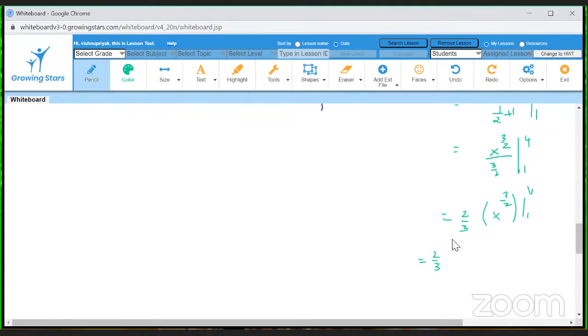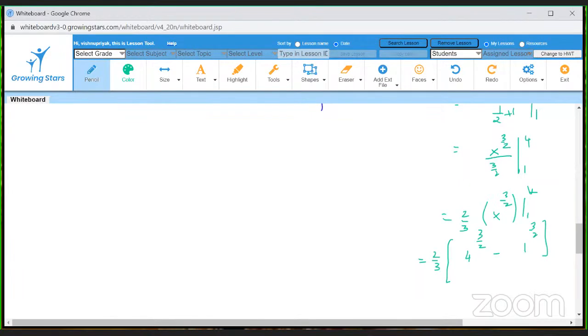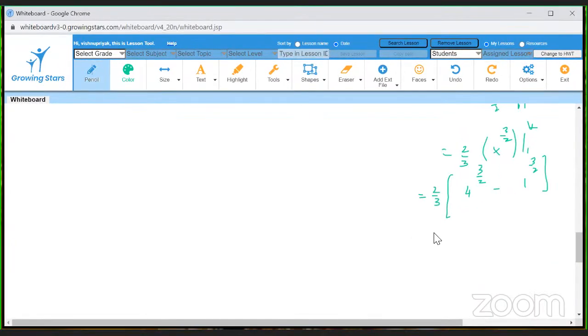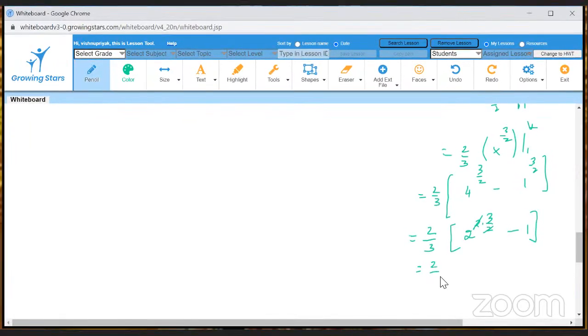So 2 by 3 is outside. First 4 power 3 by 2 minus 1 power 3 by 2. 4 is 2 square, into 3 by 2. 1 power anything will be 1. 2 and 2 will cancel. 2 by 3, 2 cube is 8, minus 1, 7.